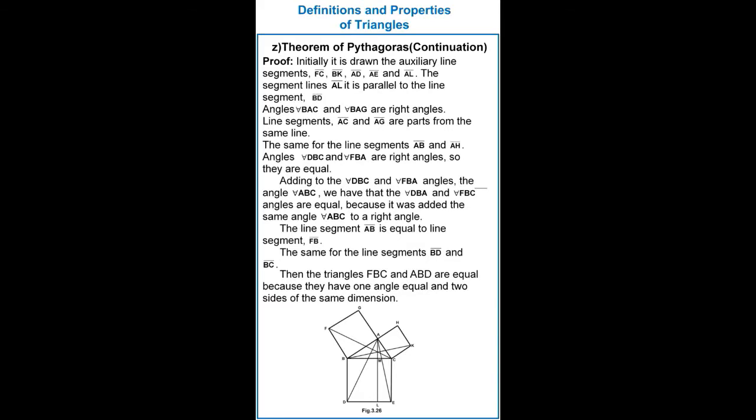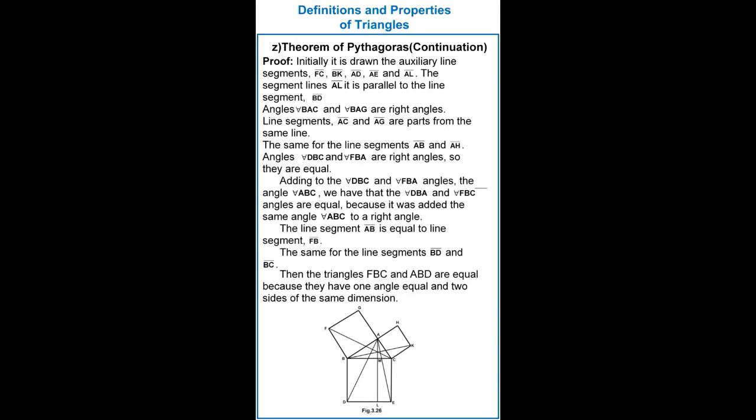The DBC and FBA angles are right angles, then they are equal. By adding the angle ABC to the DBC and FBA angles, you have the angles DBA and FBC, which are equal, since the same angle ABC was added to a right angle.